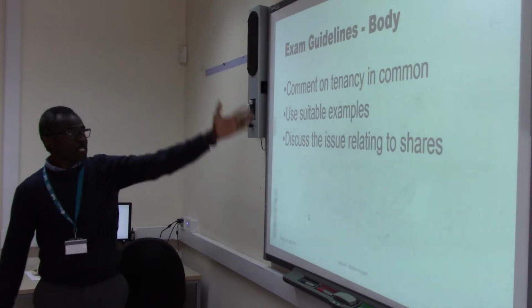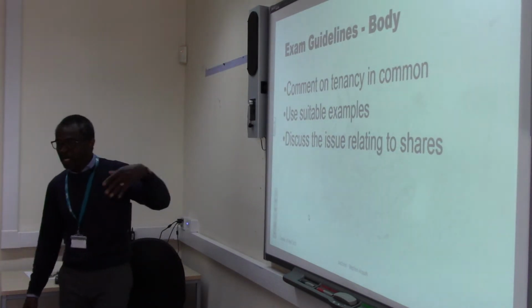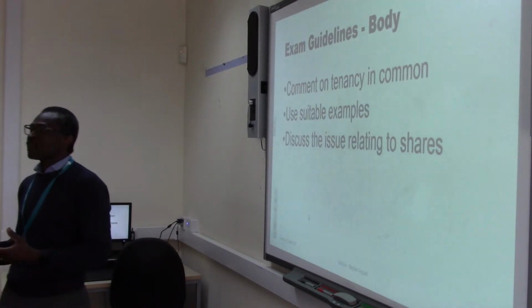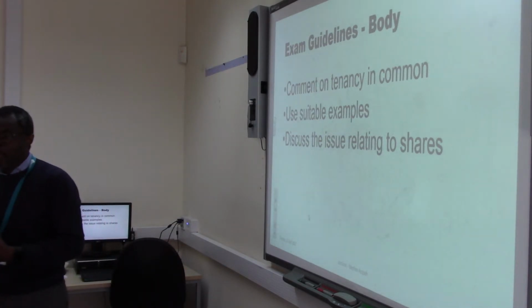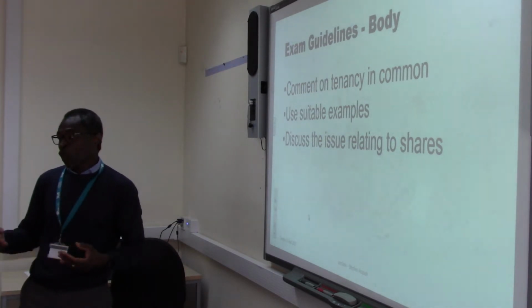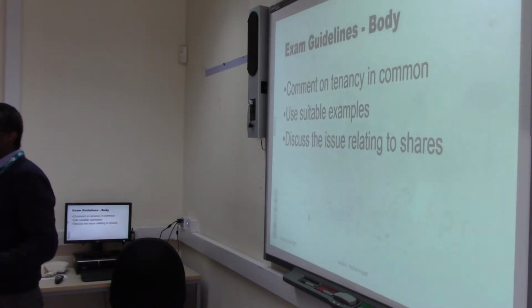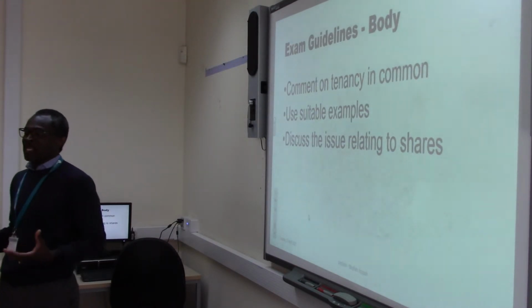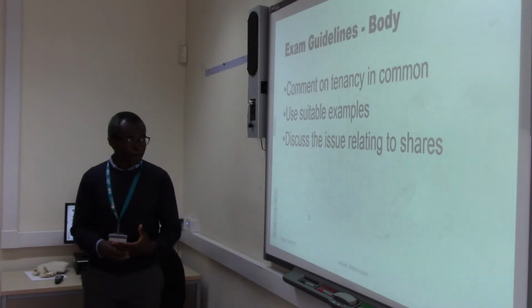The other one, still in the body, is to do with tenants in common, to explain what that means. This is where individual owners actually have specific shares. Depending on who's contributing what towards the property, one might have 90% share, one might have 70% share, and so on. So it's a split of the 100% between the members or owners of the property.